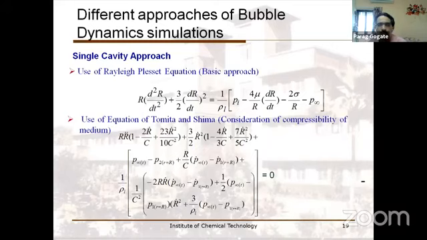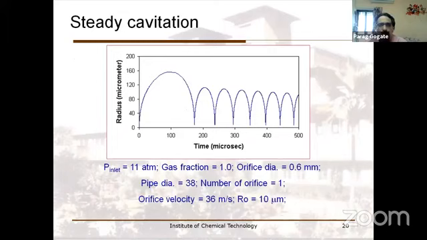The Rayleigh-Plesset equation is a basic approach for cavitation, and you also have the compressibility equation which can be solved. Here, wherever P infinity is mentioned, that is the fluctuating pressure field which was given in the earlier equation based on turbulence.